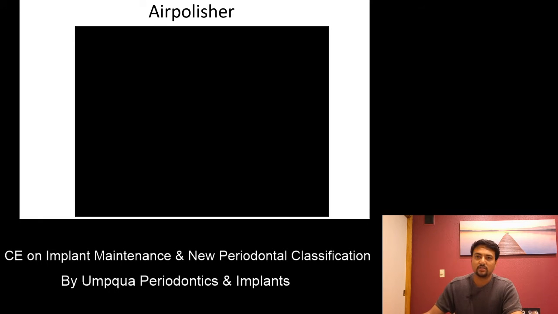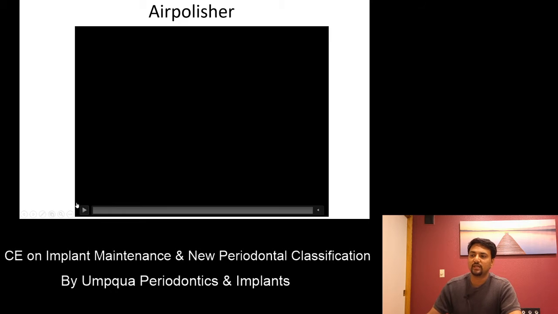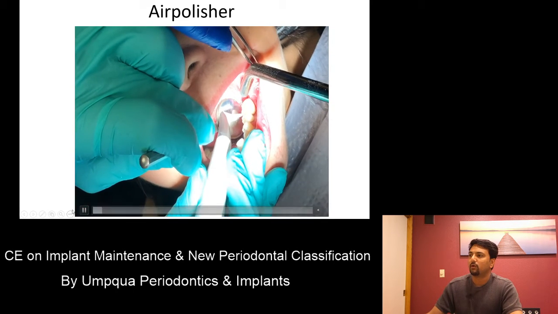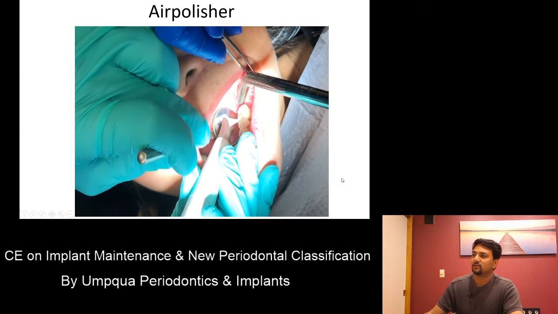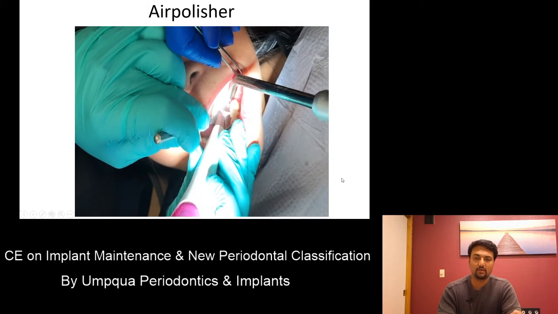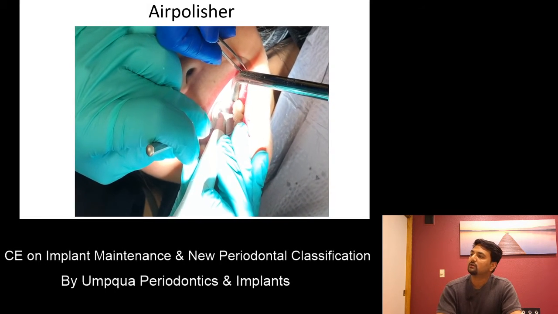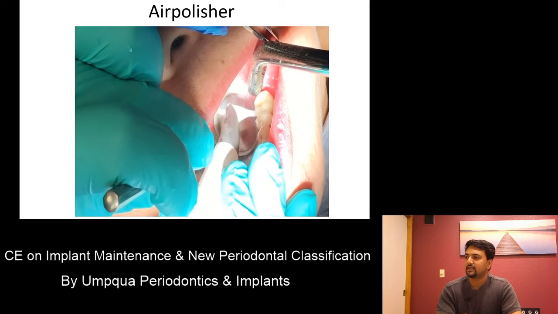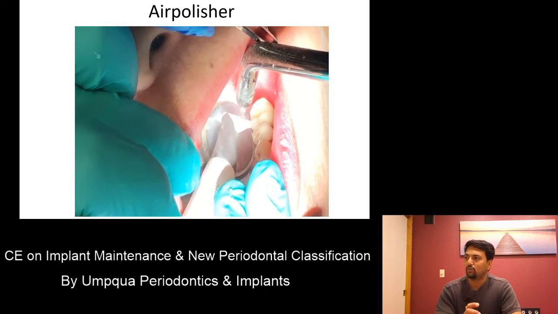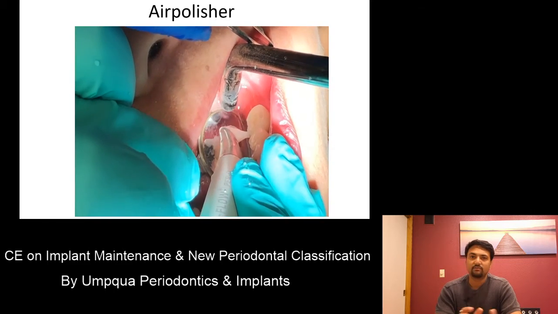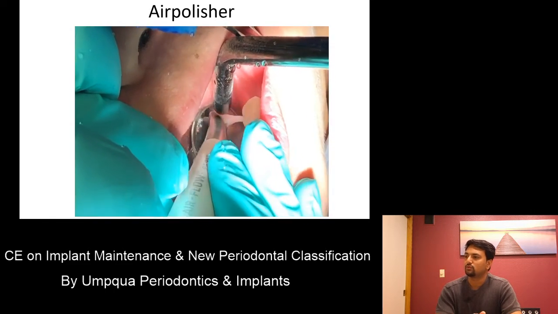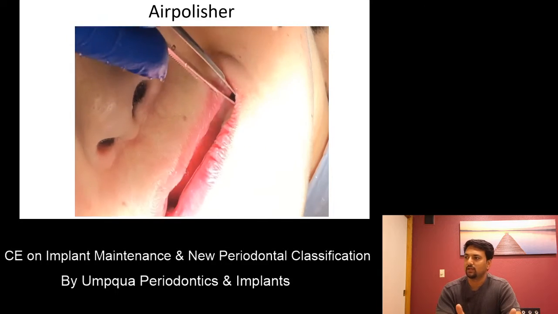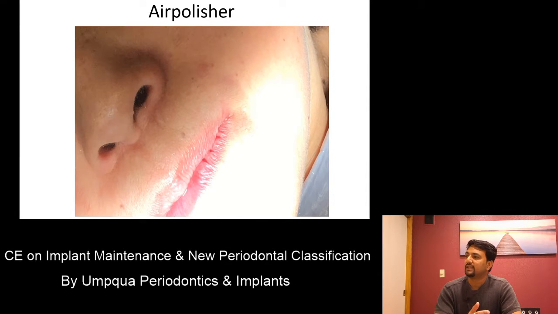If a hygienist wants to use the air polisher, it's really important that someone uses high-velocity suction close to the tip, because the powder is coming out at high pressure and gets everywhere. So make sure you have high suction or somebody helping you with it.